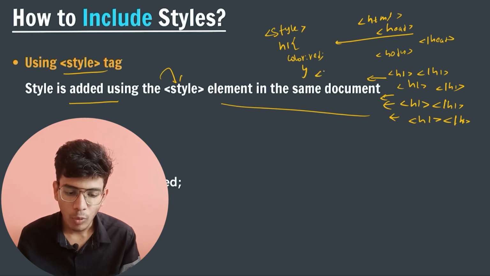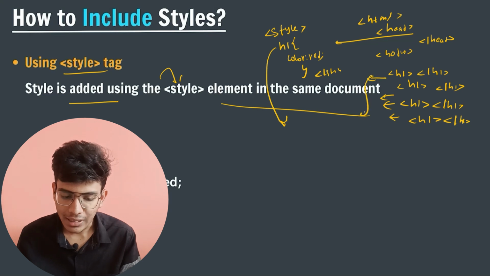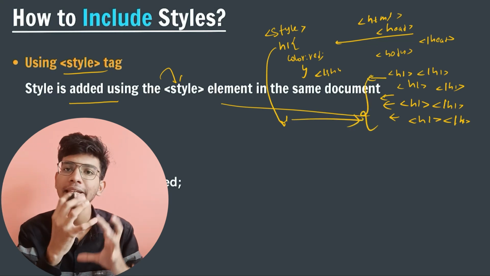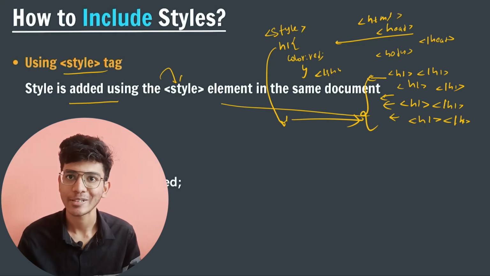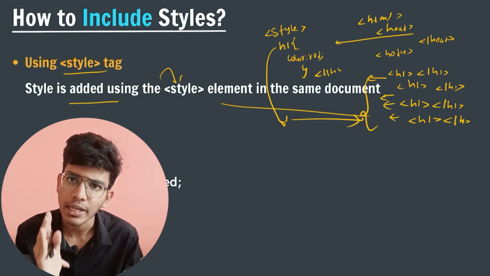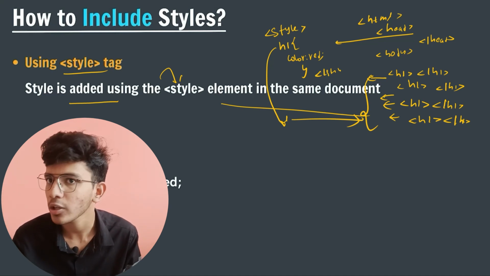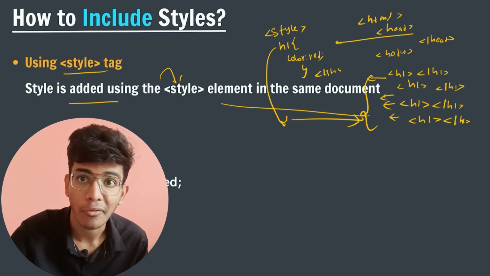And immediately, for all the h1 tags, the color will change to red. I hope you have understood, right? Instead of giving styling separately to each individual tag, you are going to apply styling to all the h1 tags at once.